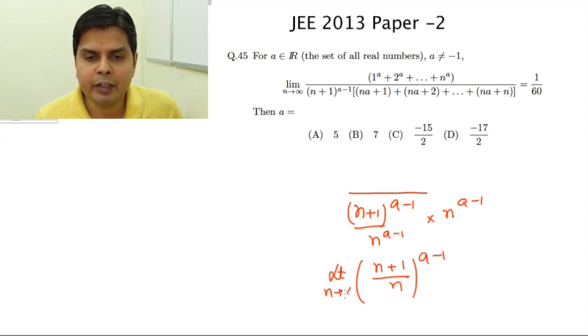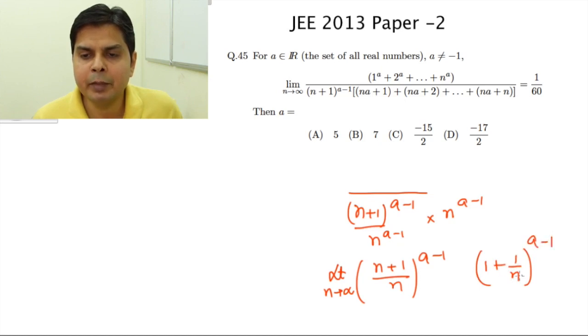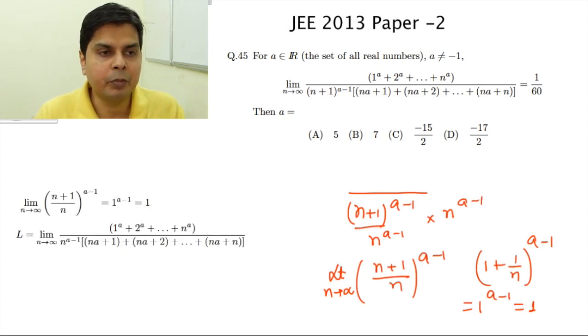Now if I take the limit as n tends to infinity, this is 1 plus 1 by n to the power a minus 1. Now 1 by n will be 0 for the limit n tends to infinity, so this is 1 to the power a minus 1, which is equal to 1. So effectively this term will be removed and I will get n to the power a minus 1 in my denominator. So this is the first step.